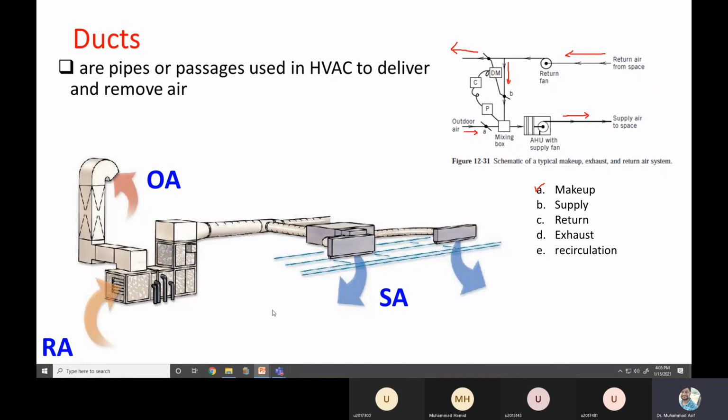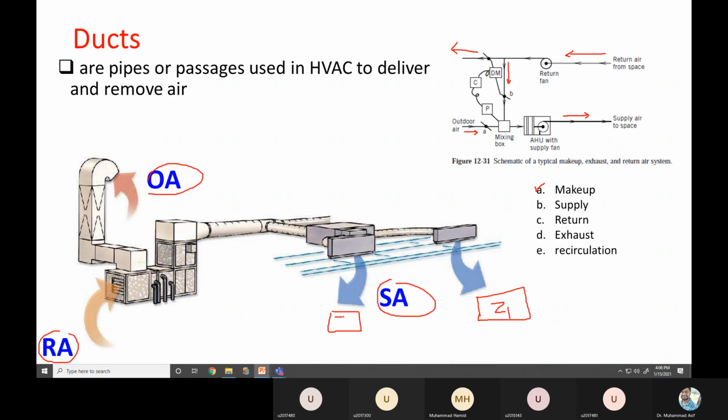Now in this figure, SA means supply air. This is the return air, and this is the outside air. As you can see, these are two different zones. Let's say this is zone 1, this is zone 2. The part of the duct which is supplying air is called the supply duct.